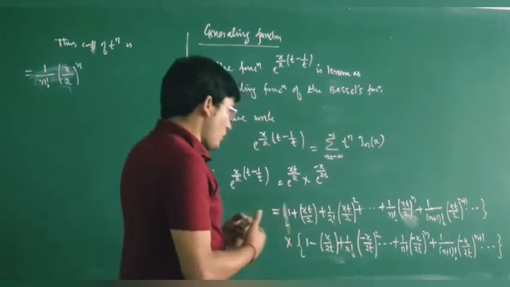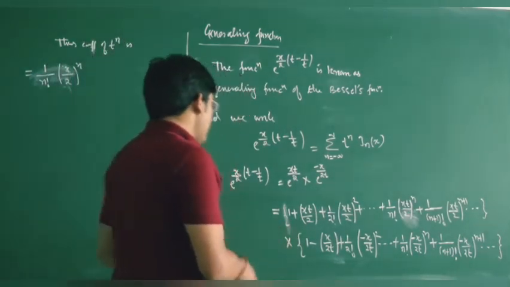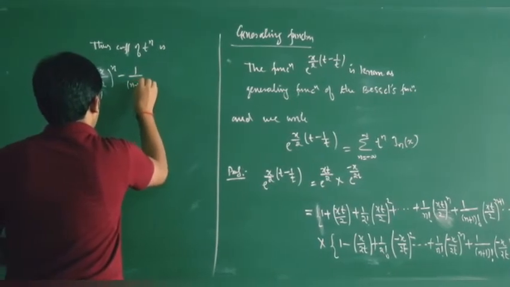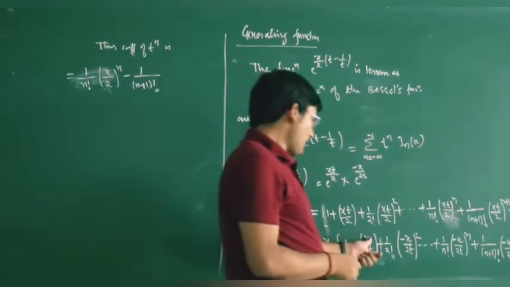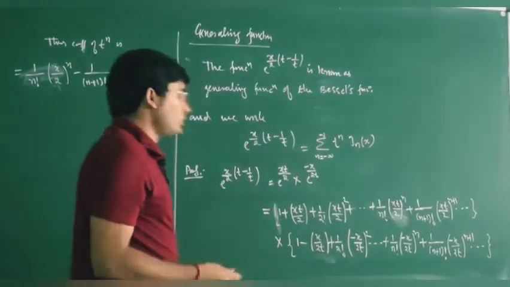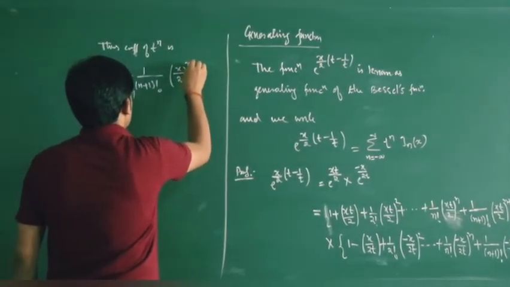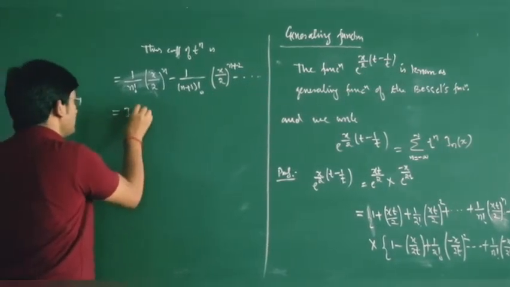So the coefficient of t to power n in this case will be equal to minus 1 upon n plus 1 factorial, and here we will have x upon 2, and again we have x upon 2 power n plus 1. So this will be x upon 2 power n plus 2, and this is nothing but your Jn(x).